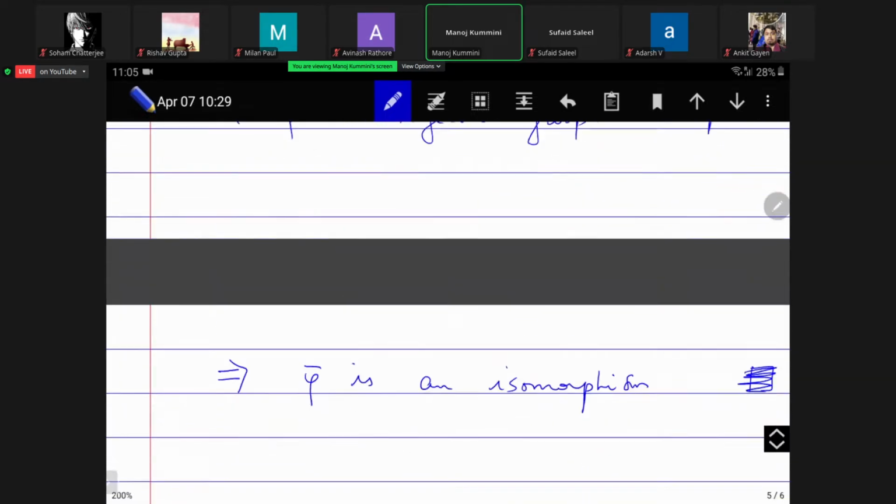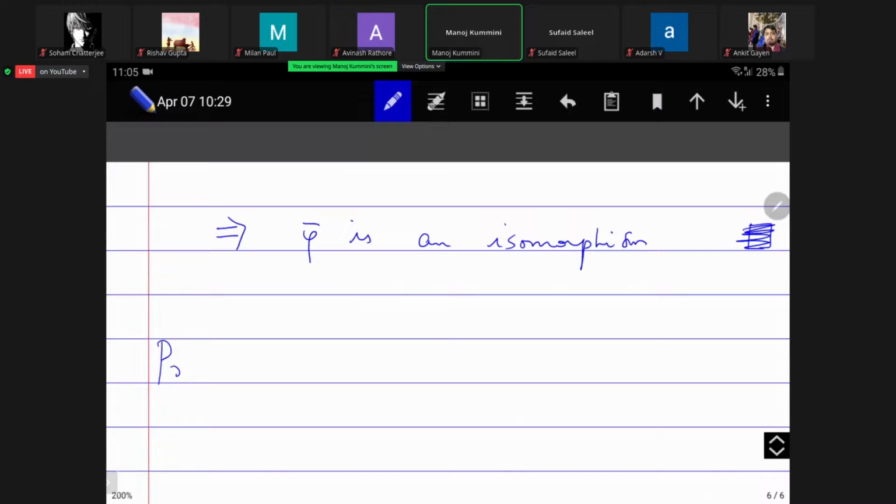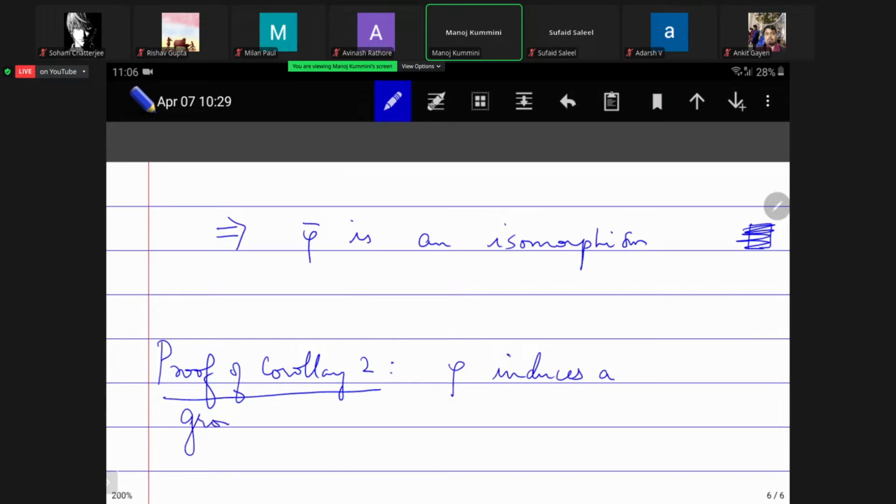Corollary 2. Proof of corollary 2. Phi induces a group homomorphism. So maybe let's see, the image of phi is a group, right?